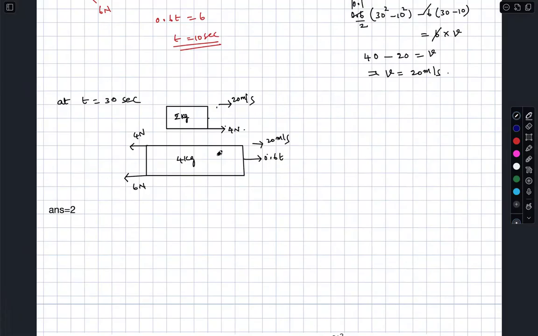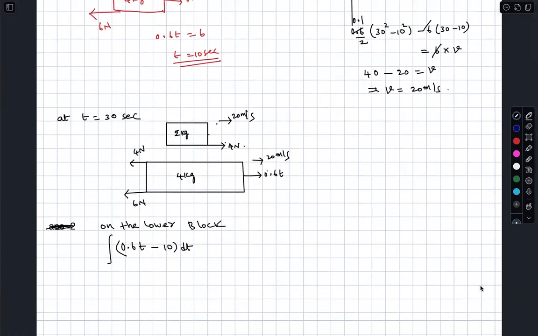Let us work. Now, on the lower block, you have (0.6t minus 10) dt. On the lower block, 0.6t. Right. I was just waiting for you. I didn't do anything in between. ECL students, respond?